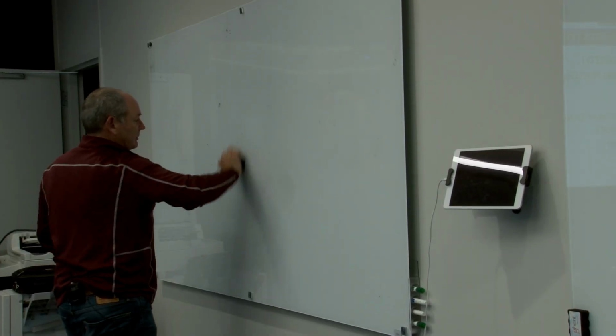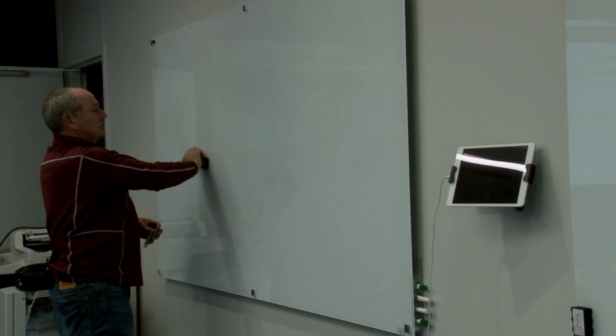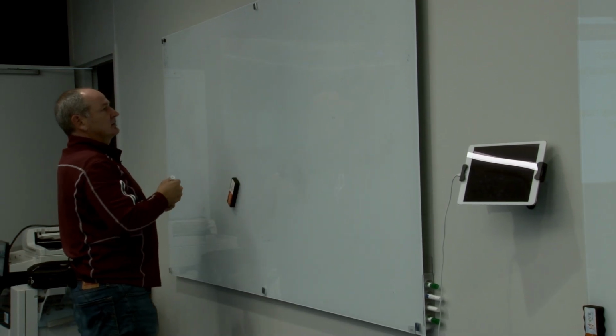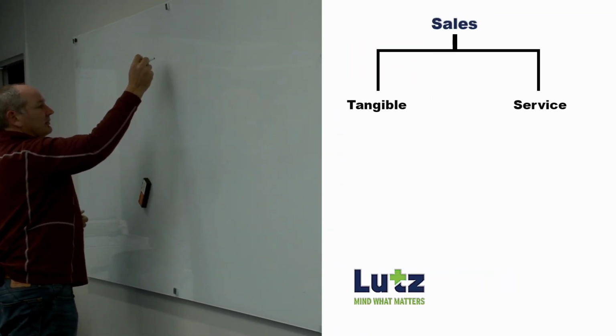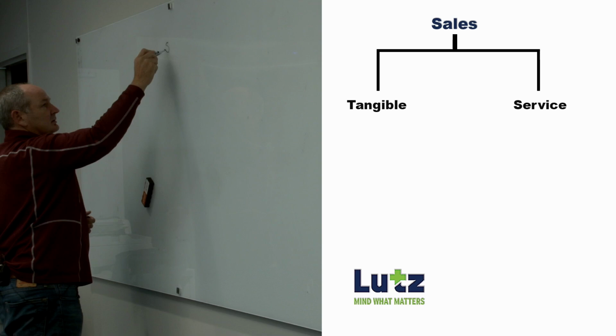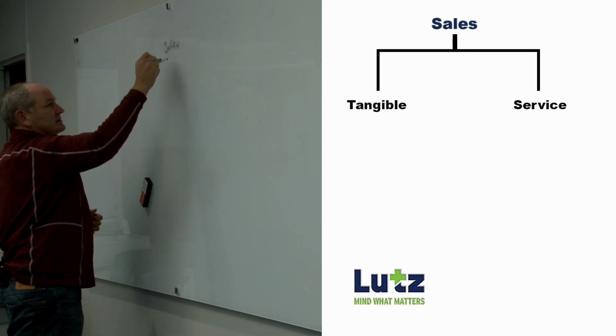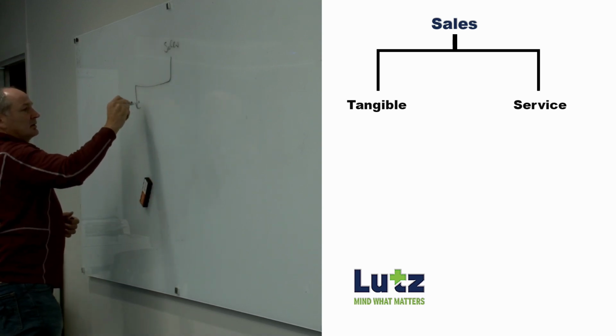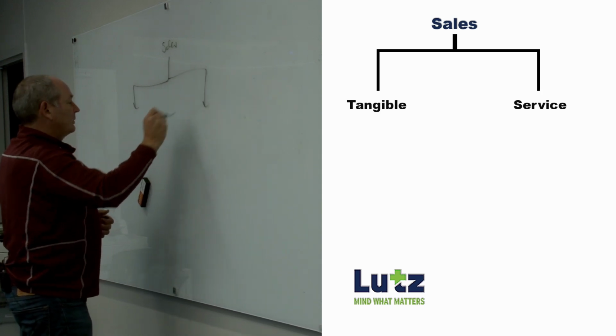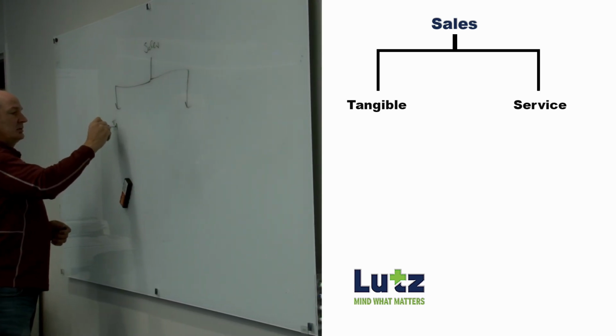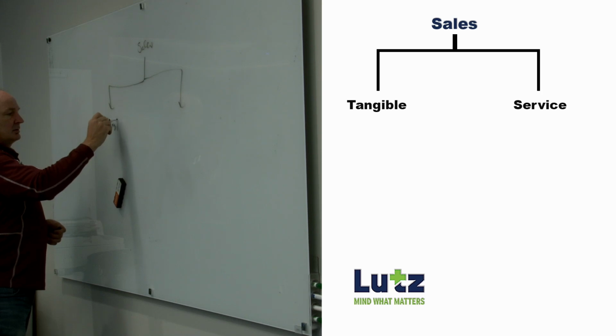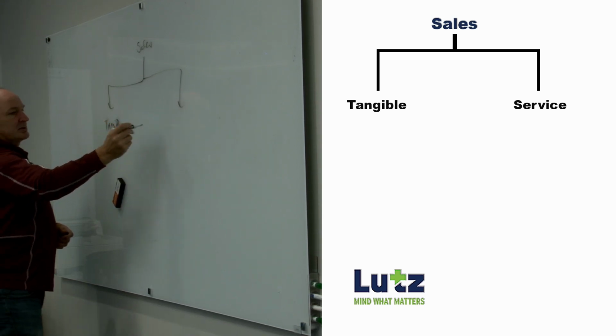I think what you said, Kaylee, is that in determining where your sales factor is, you have to first take your sales and determine whether it is tangible or service, correct?